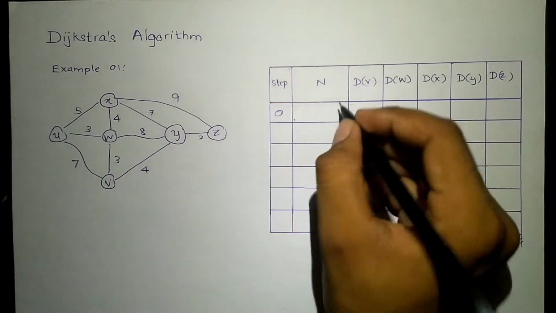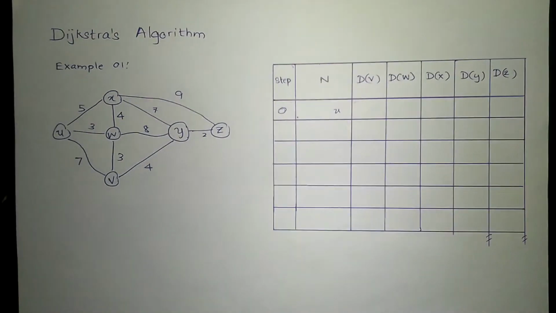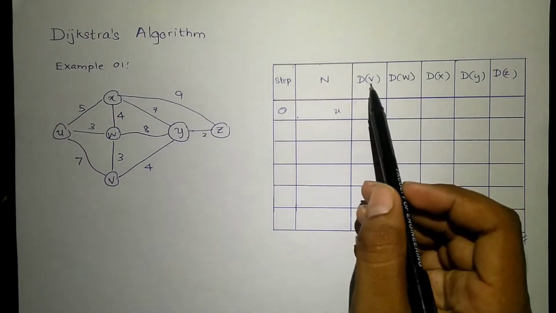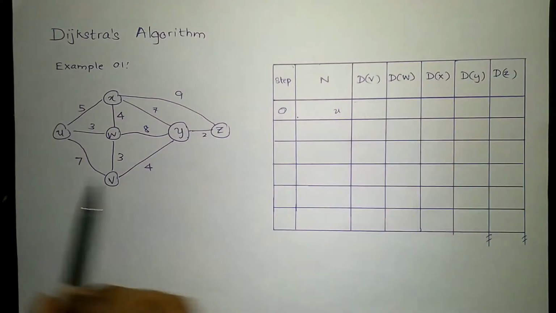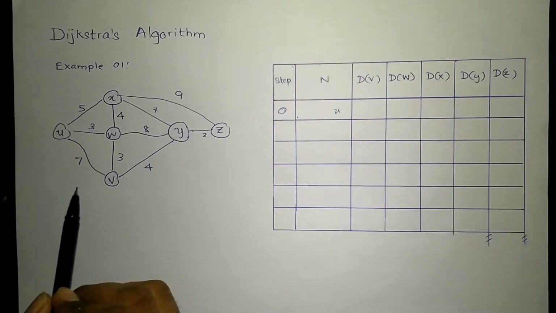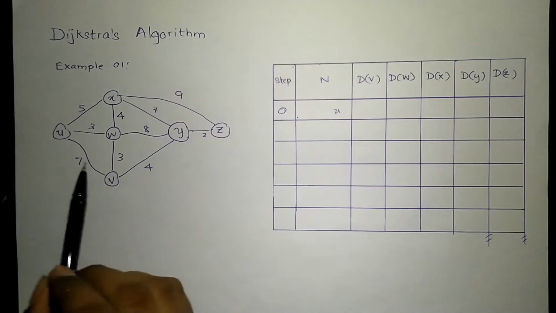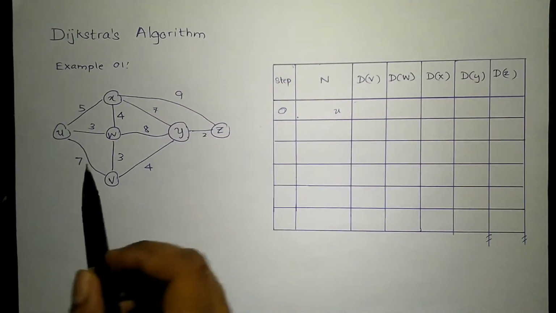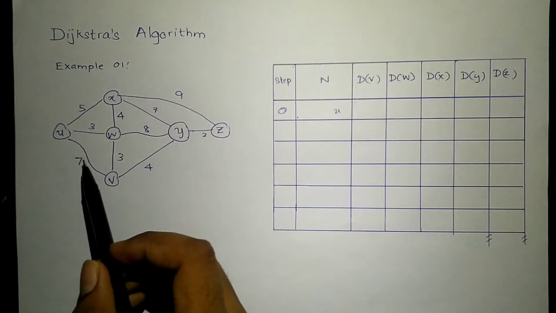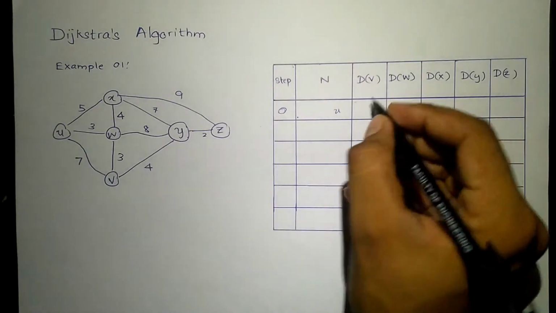So we take U. From U we have to write the distance to these nodes. Here you see V. To V it takes 7. So we write this data into the table as 7 and the place where it comes from. Likewise here 7, U.